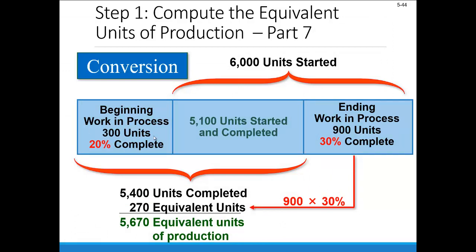Same 300 units to start from a physical unit standpoint, but they were only 20% done with respect to conversion. Doesn't matter for weighted average method. We started 6,000 into production, had 900 left, so the difference, 6,300 minus 900, we transferred 5,400 that were finished. Plus the equivalent units in ending work in process, the 900 physical units times 30%, or 270, gives us our equivalent units of production of 5,670.